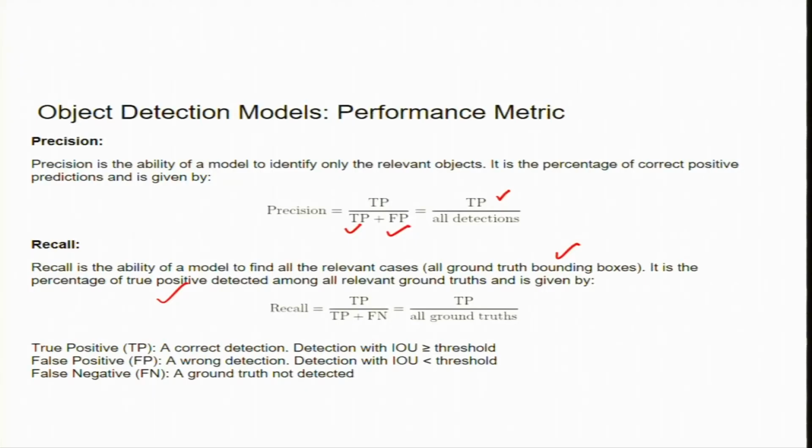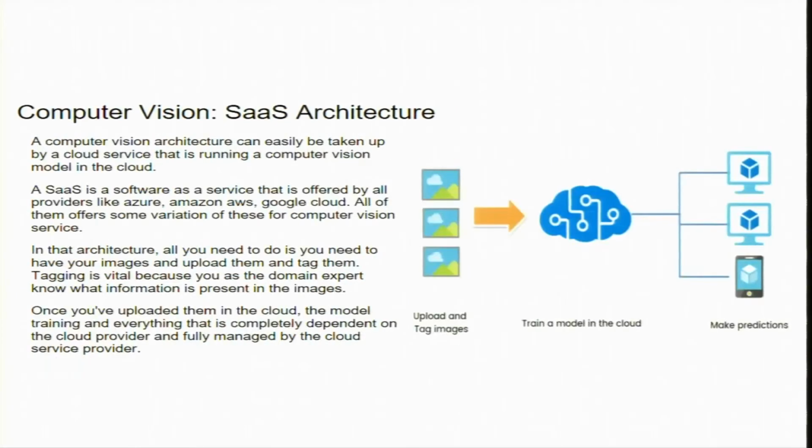Recall is true positives divided by true positives plus false negatives. Here, false negatives mean a ground truth not detected correctly, false positives mean a wrong detection, and true positive means a correct detection.